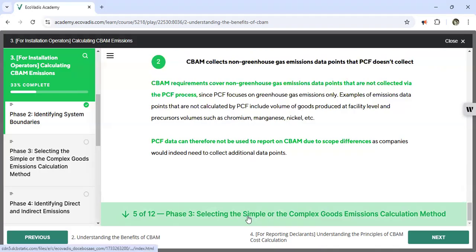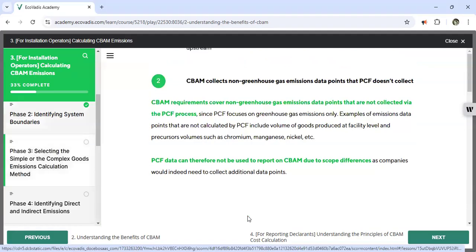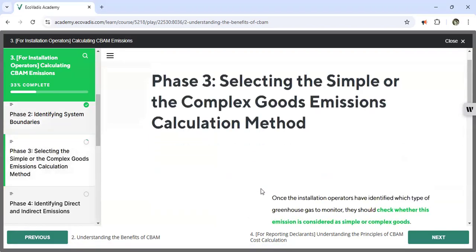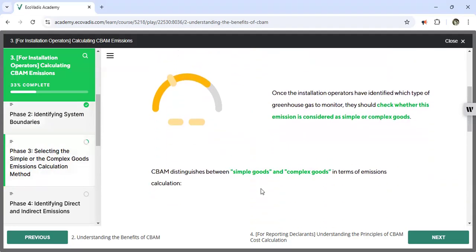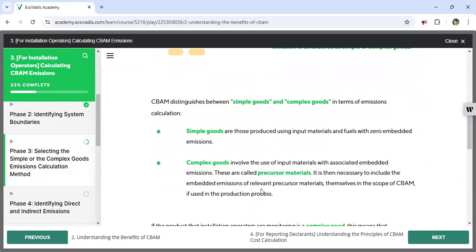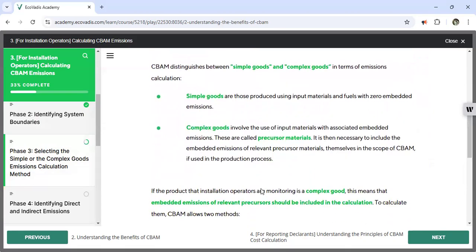Phase 3. Selecting the simple or the complex goods emissions calculation method. Once the installation operators have identified which type of greenhouse gas to monitor, they should check whether this good is considered as simple or complex. CBAM distinguishes between simple goods and complex goods in terms of emissions calculation.